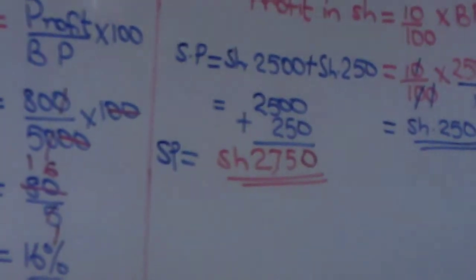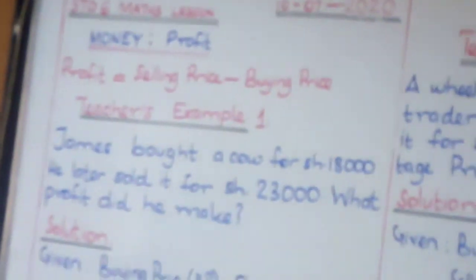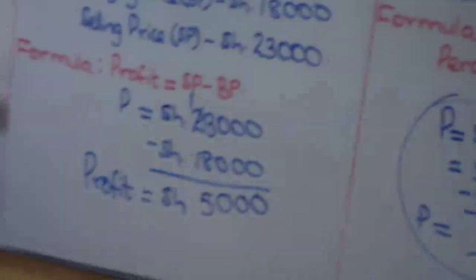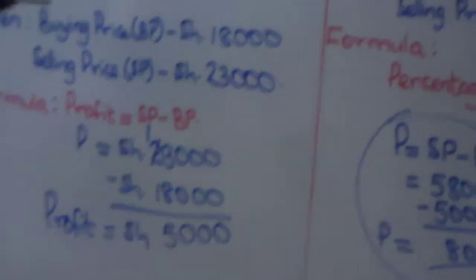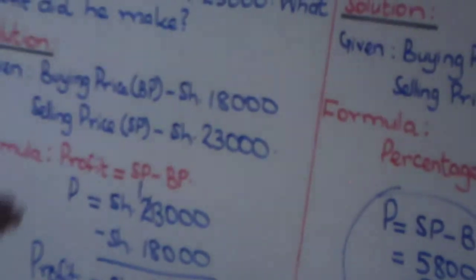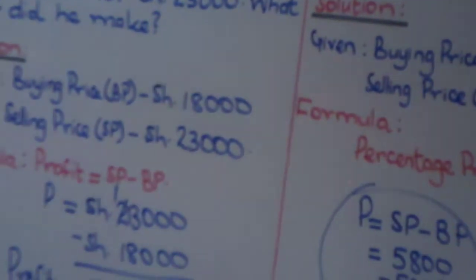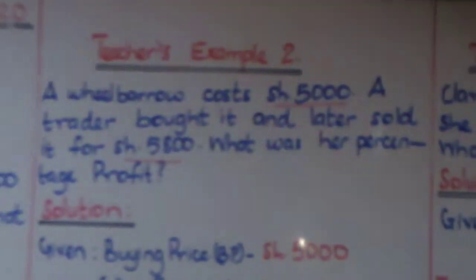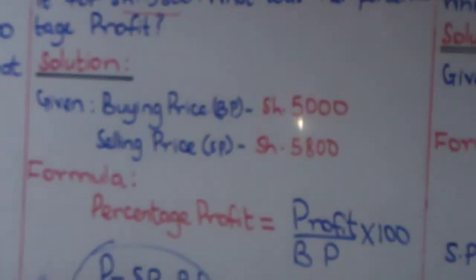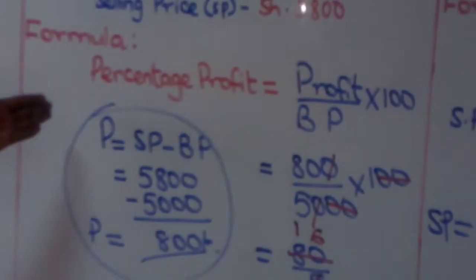Now, boys and girls, you can see these sums are starting from simple to complex. We started by finding profit after being given buying price and selling price. And then next we found percentage profit. It became a bit complex. So the question had 2 steps.